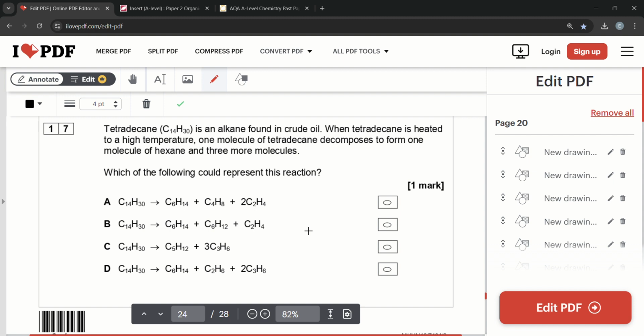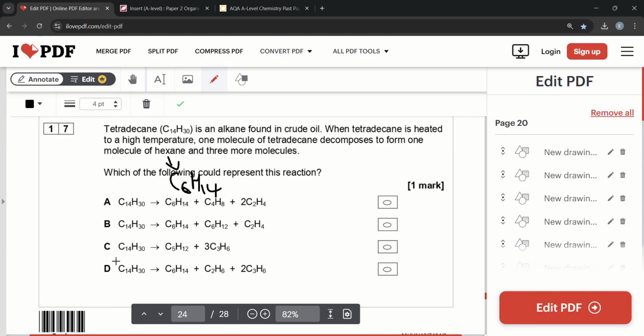Question 17. Which of the following could represent this reaction? C14H30. We form one molecule of tetradecane decomposed to form one molecule of hexane. What's hexane? C6H14. And 3 more molecules.